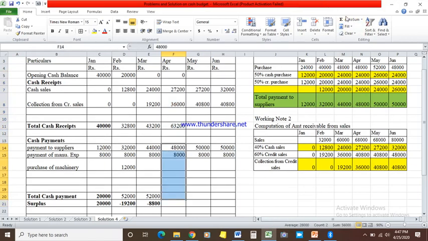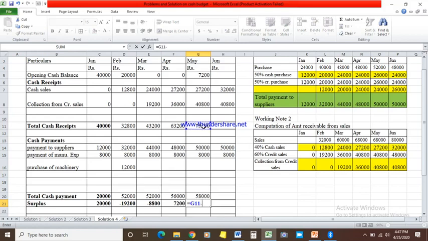63,200, 56,000. So here we are going to have a surplus cash balance of 7,200. So if there is a positive balance, that balance gets carried up to the next month. 75,200, 58,000.